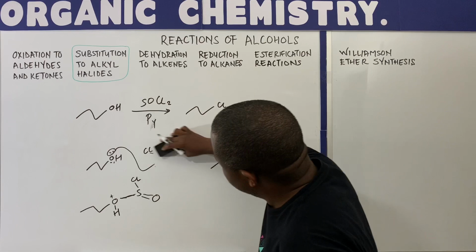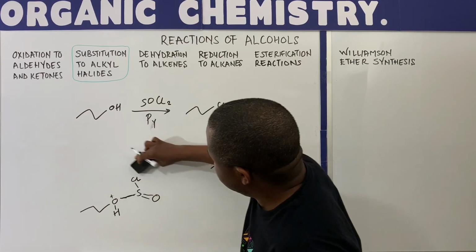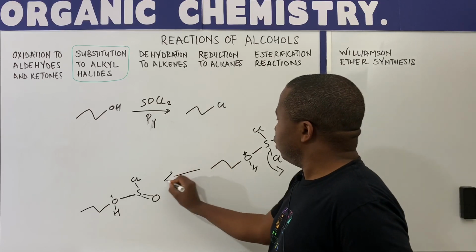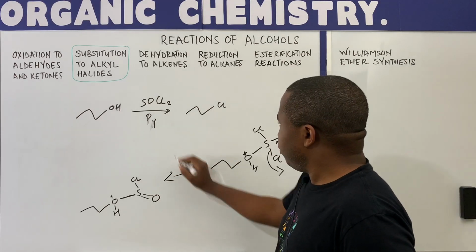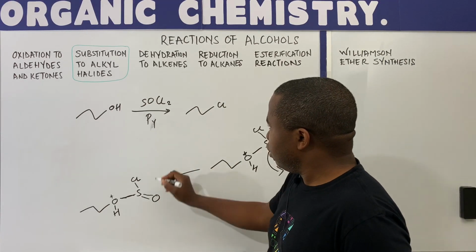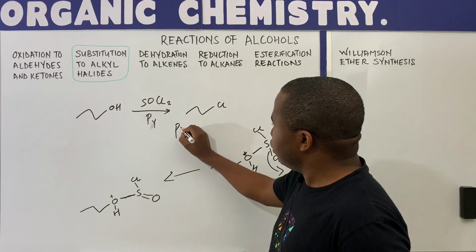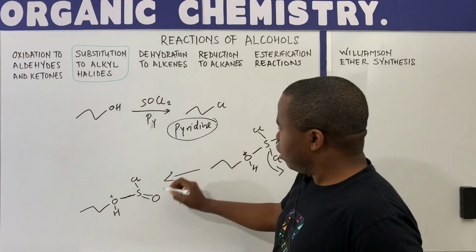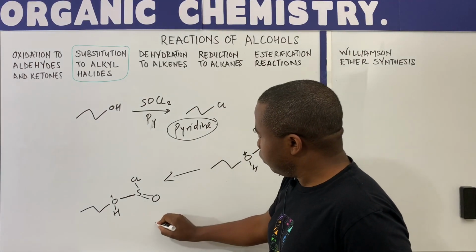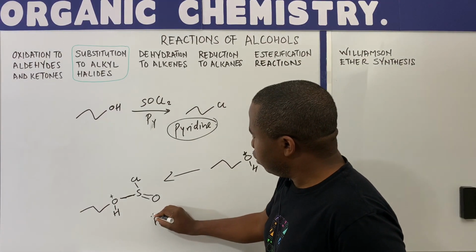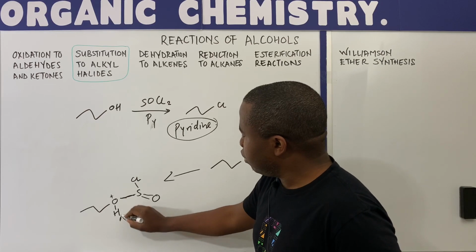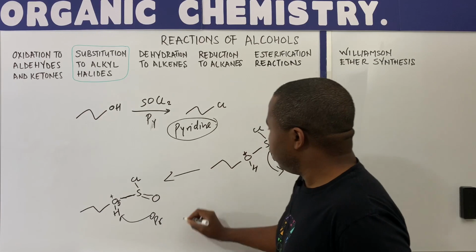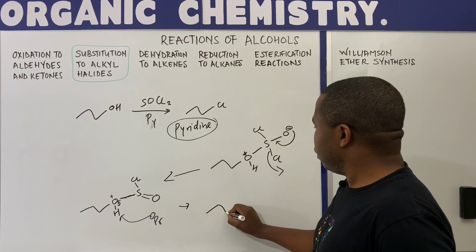Let me erase this so it doesn't get in our way. So we form this, and then the pyridine, which is basically a base, comes to deprotonate this. So the pyridine takes this hydrogen away, and then this goes like this. So we form this.